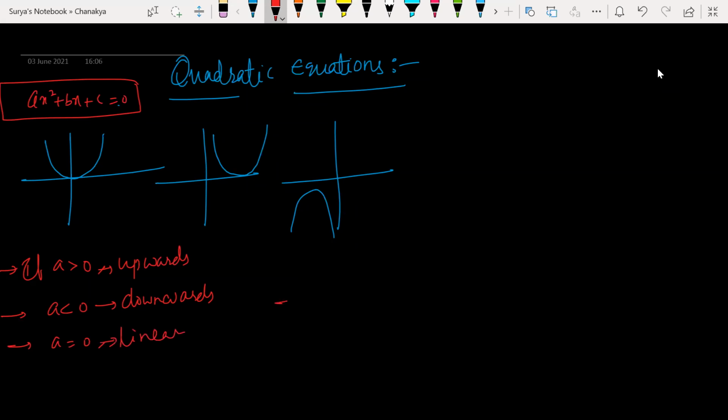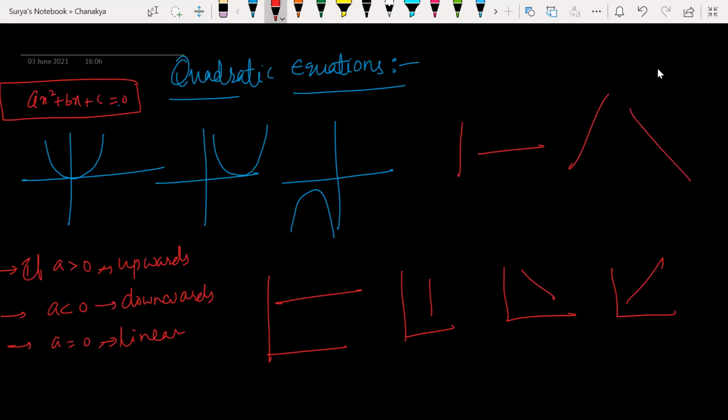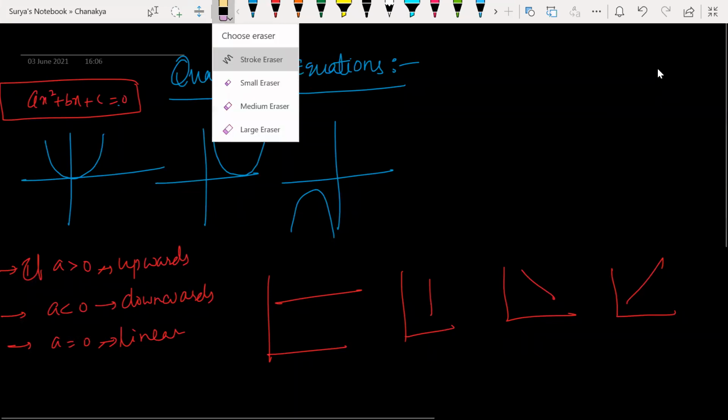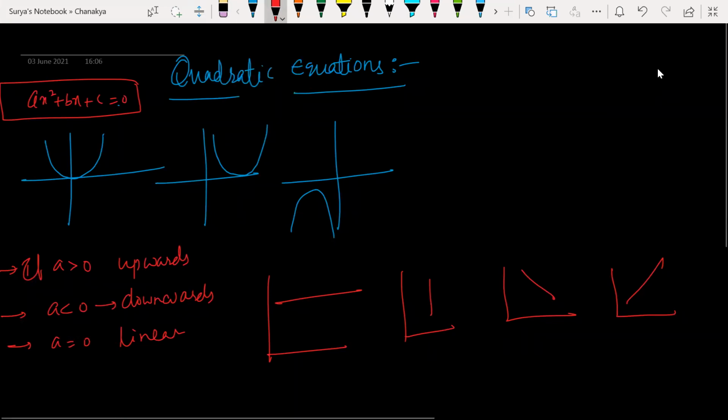Graph will be linear means the graph can be like this, or like this, it could be anything, but it will be a straight line. Getting my point, children? Yes or no? Yes. Chalo. This is what we have learned.